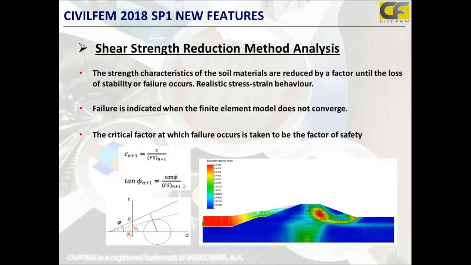This had to be done manually. We solve with one safety factor, and if it's okay, meaning the displacements and plastic strains are not reached, then we increase the safety factor until non-convergence. As we said, we obtain the critical factor at which failure occurs.